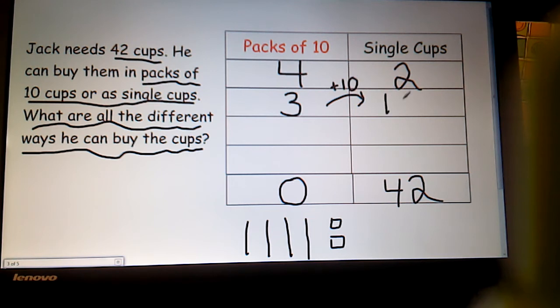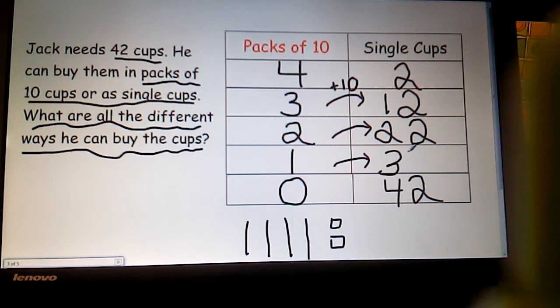I know that I would have 12 now on this side because I added a 10. Lastly, filling in the graphic organizer, the next number would be 2. I'm adding 10 over to this side, and I could have 2 packs of 10 and 22 single cups. And lastly, I could have 1 pack of 10, adding 10 more over to this number, and 32 single cups.